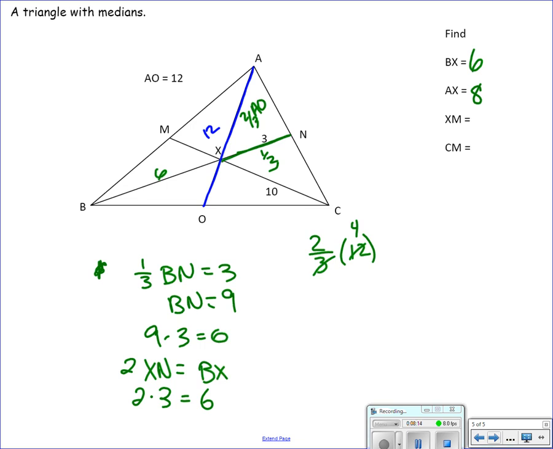That means XM is twice the length of that whole segment. So therefore XM, or MX, is going to be 5. CM, the whole segment length, this is 5, that's 10, the whole segment length is 15.